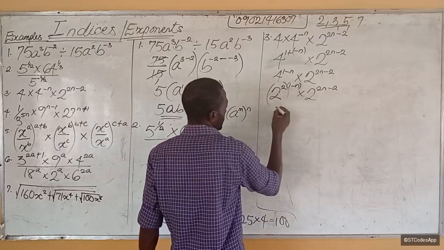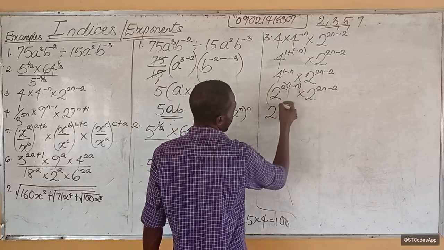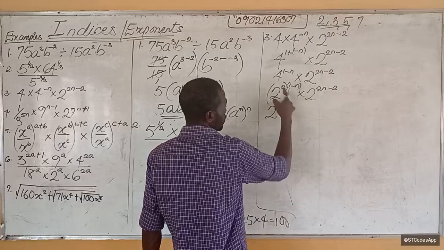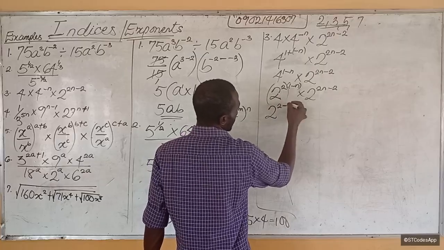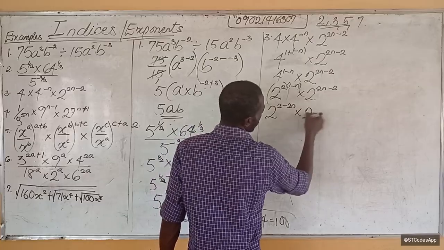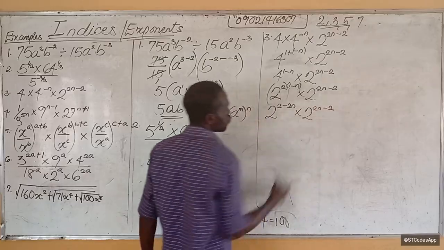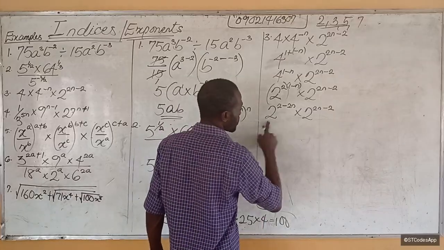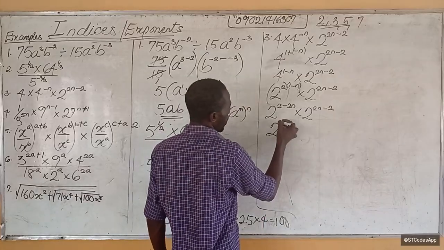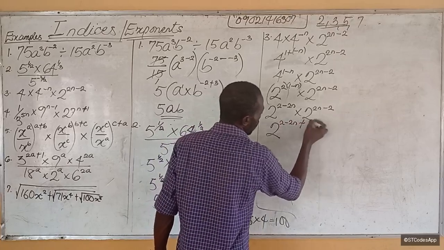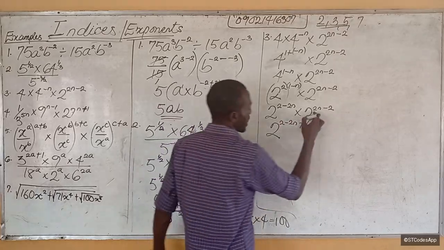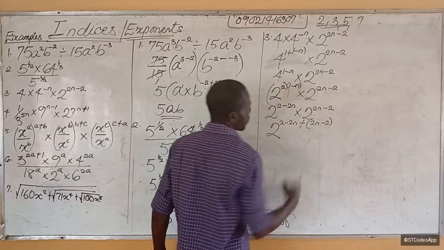This multiplies the one that is outside here, so it becomes 2 raised to power 2 times 1, 2, minus 2 times n, 2n, multiplied by 2 raised to power 2n minus 2. Looking at this, multiplication of base means addition of power, so I have 2 raised to power 2 minus 2n plus, in brackets, 2n minus 2.